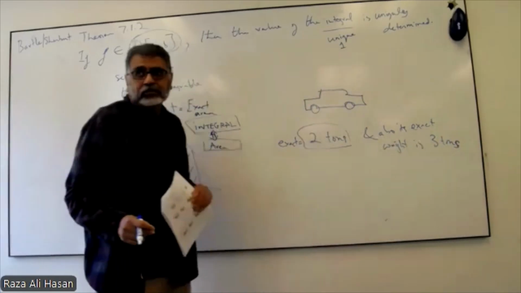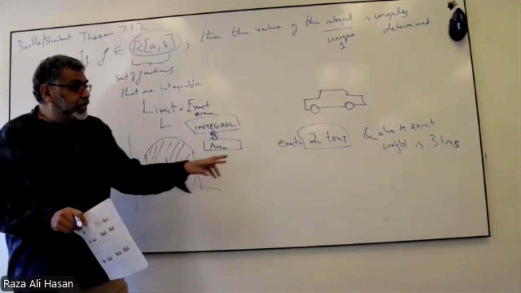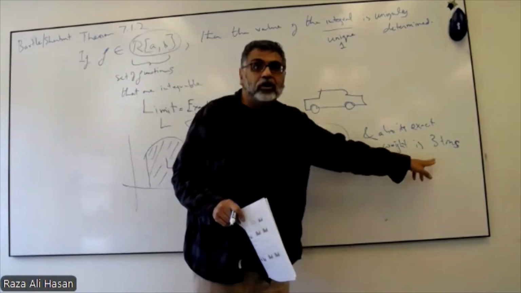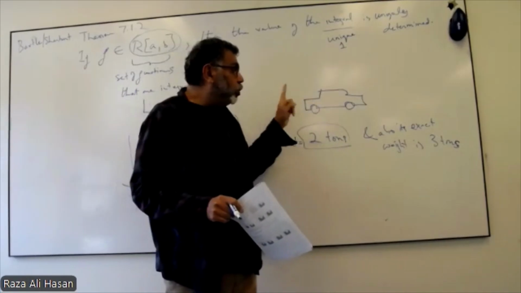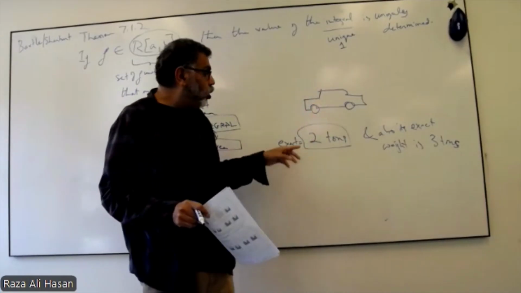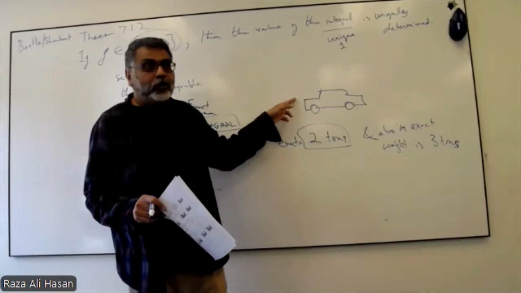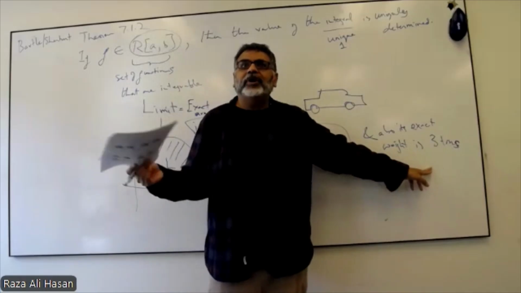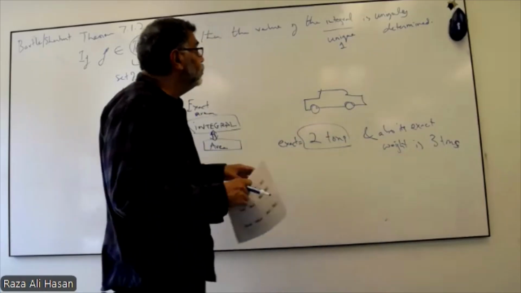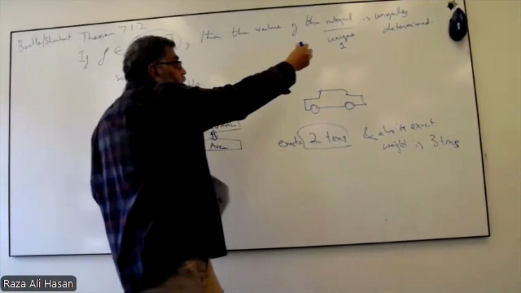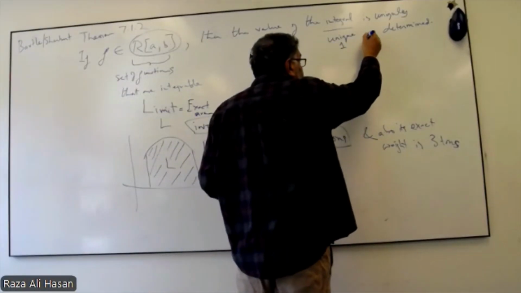Is that possible? No, therefore, it has to be one, either this or this, it can't be both. Approximately, we could say, oh, it's 1.5 tons. Approximately, we could say it's 2.5 tons. But when we are talking about exact values, therefore the integral, the L, has to be just one number.